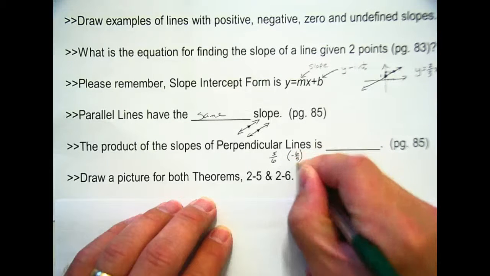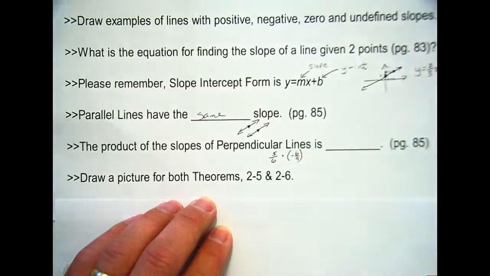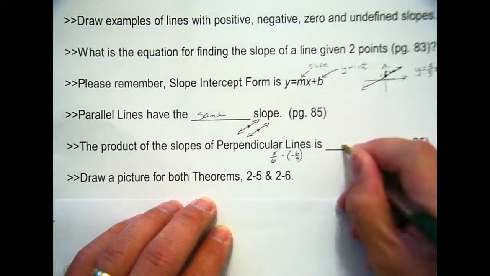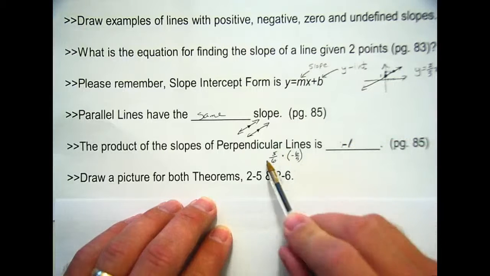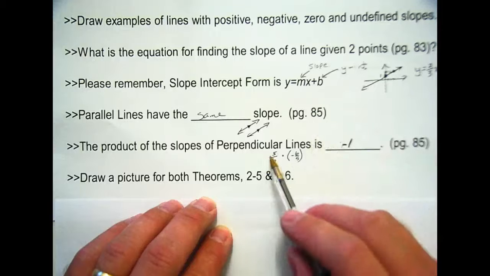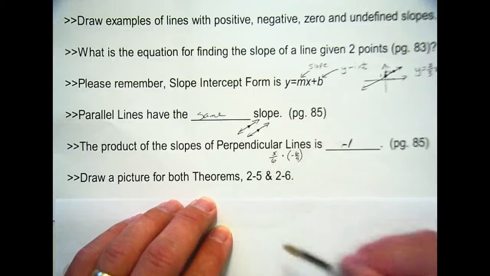What is the product of 5/6 and negative 6/5? Negative 1, so you're really close. If you multiply the two slopes together, you always get negative 1. They're inverse reciprocals, so you have to change the sign and flip the fraction.